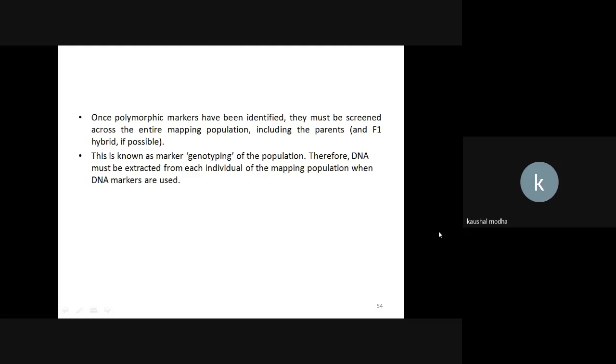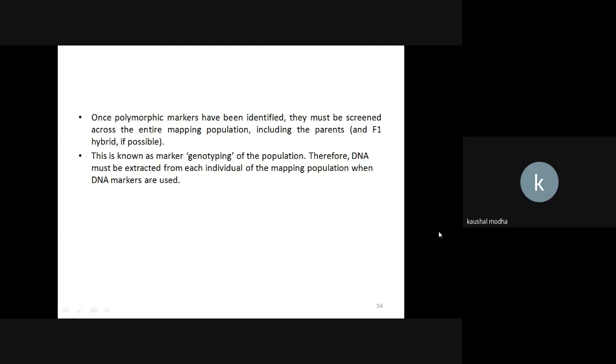Once you have developed RILs, they will show 1:1 segregation for any marker locus. In 50% of the RILs, a particular allele of the marker will be present, and in the other 50% of RILs, the other allele of that marker locus would be present. So we genotype these RILs for which marker allele is present. This is for one marker locus.